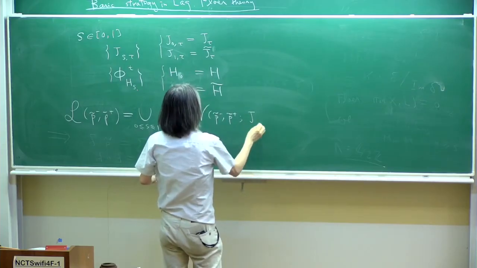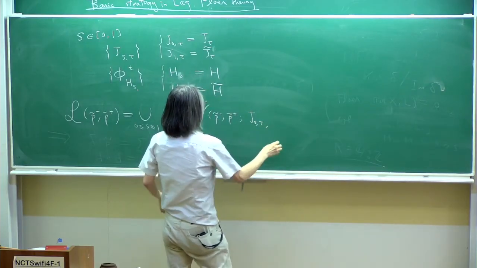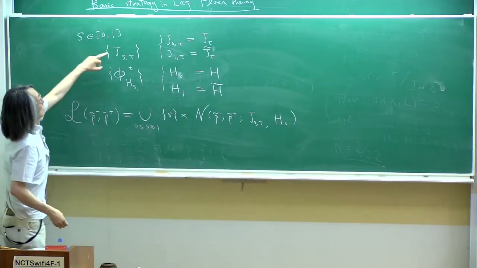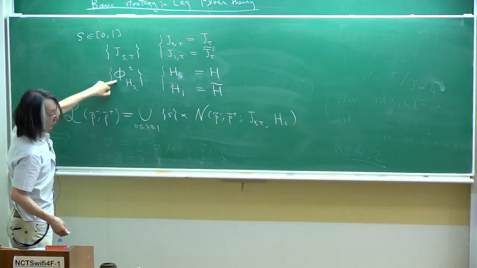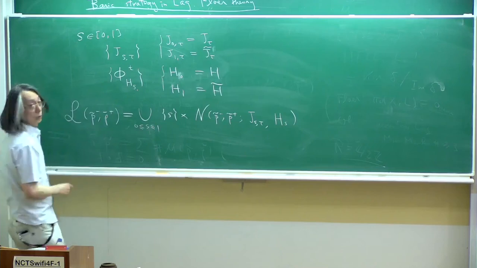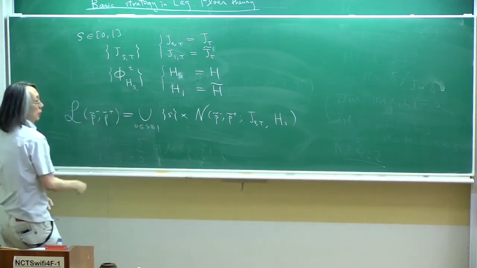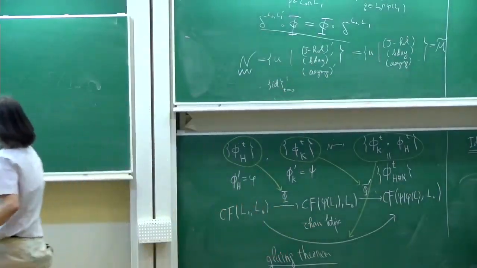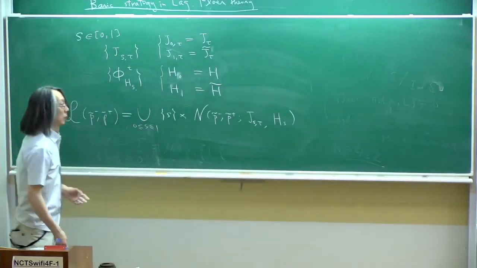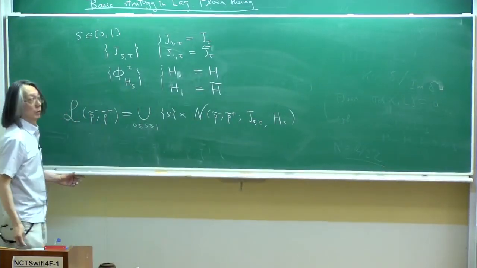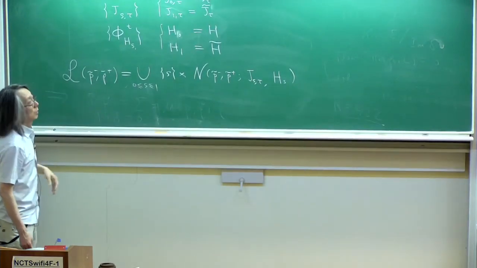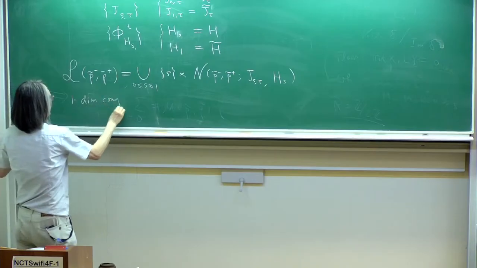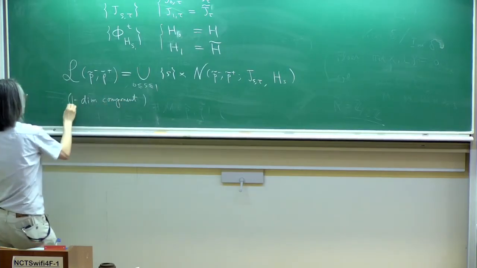So therefore maybe I need this J_S tau and H_S, something like this. So I have a family of almost complex structures, a family of these Hamiltonian isotopies, maybe Hamiltonian functions, and then for each S, we can study this moduli space, and then consider such a union. And then now you look at the one-dimensional component, and then look at its boundary.